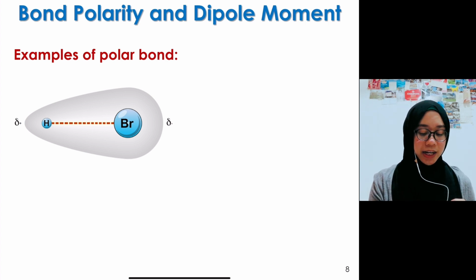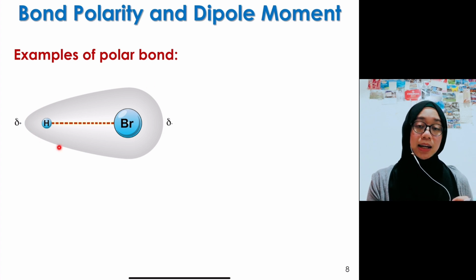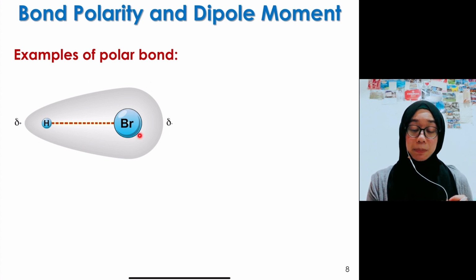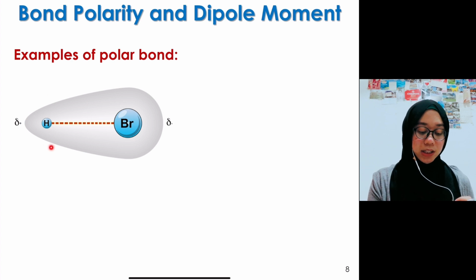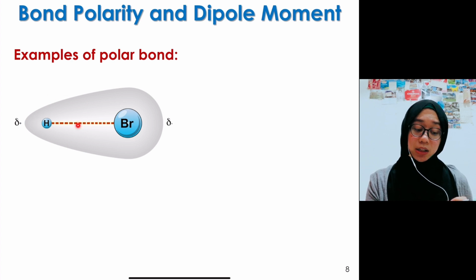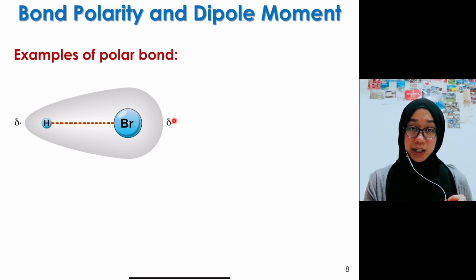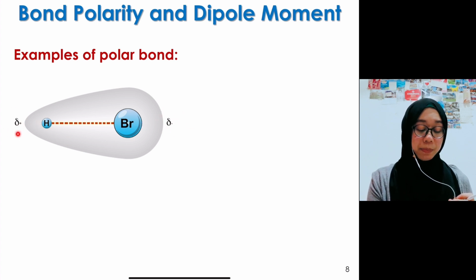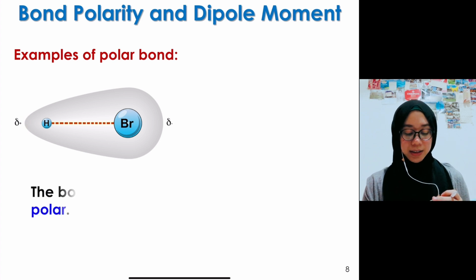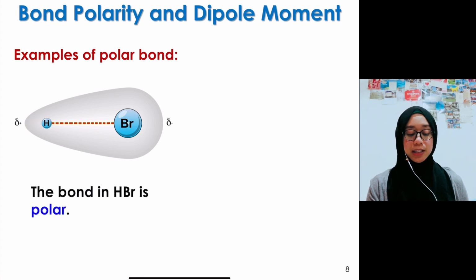As you can see, bahagian ruang grey ni adalah electron punya region, tapi dekat sekeliling bromine, we can see that lagi besar electron region dia. Meanwhile compared to hydrogen, hydrogen punya electron region lagi kecil. So that is why sebelah Br ni is what we said to be partially negative, and sebelah hydrogen ni pula partially positive. So the bond in HBr is polar.